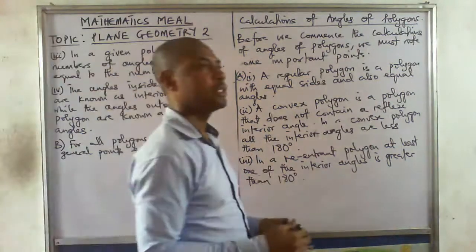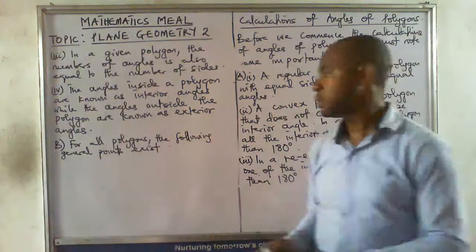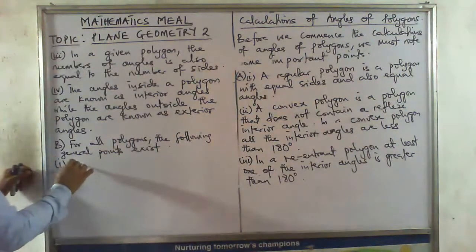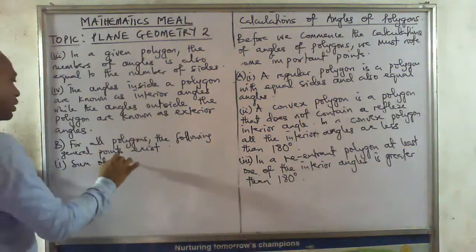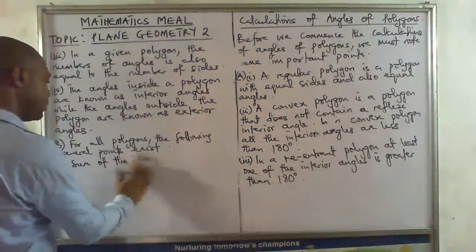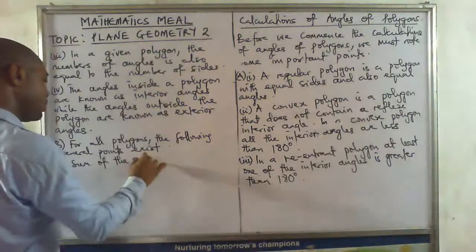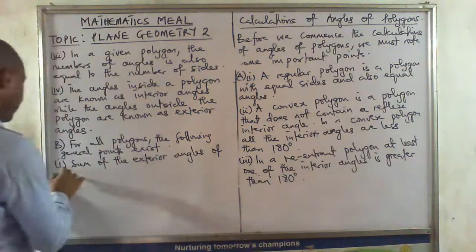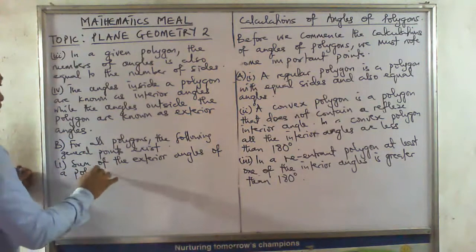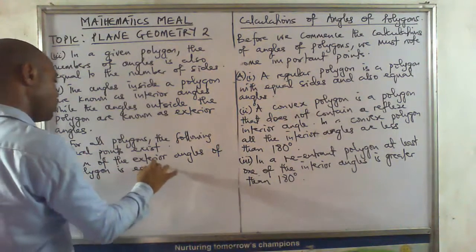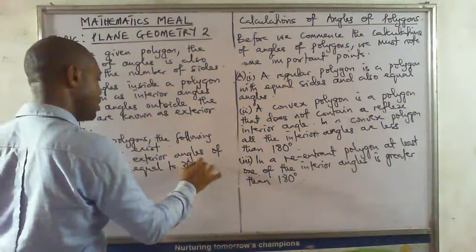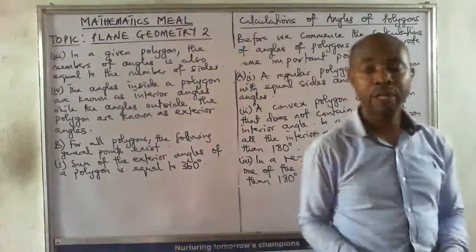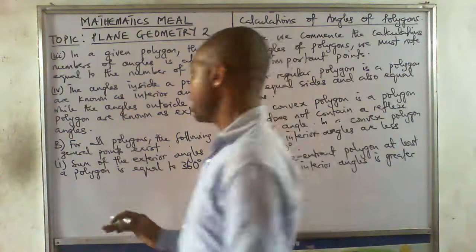First, the sum of the exterior angles of a polygon is equal to 360 degrees. So the sum of all the exterior angles in a polygon will give us 360 degrees. That's one important point.